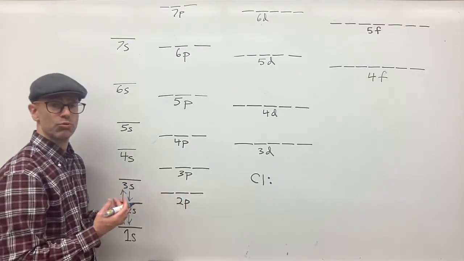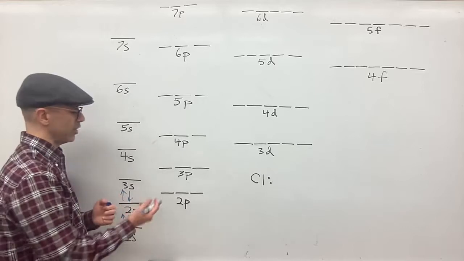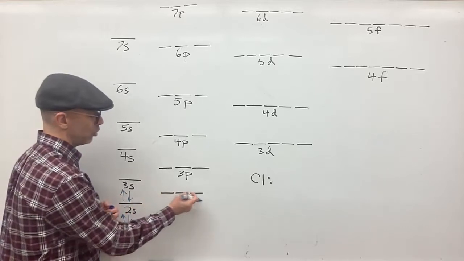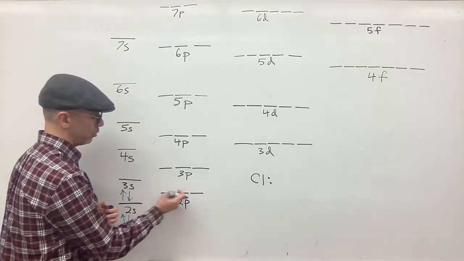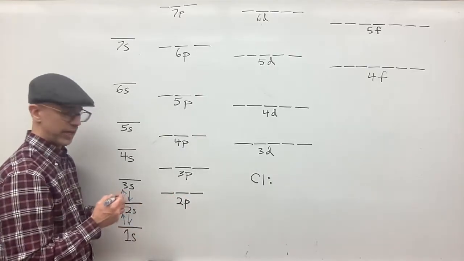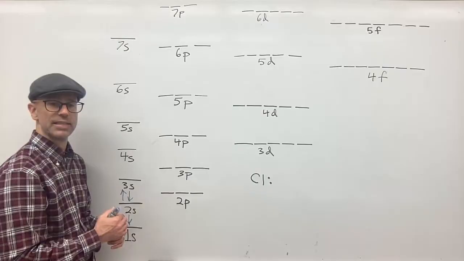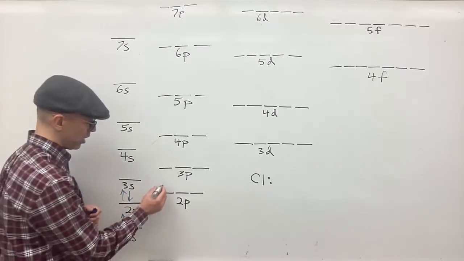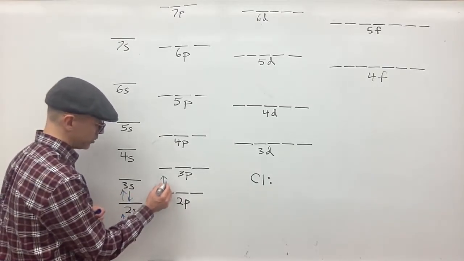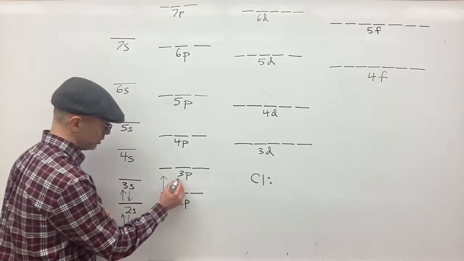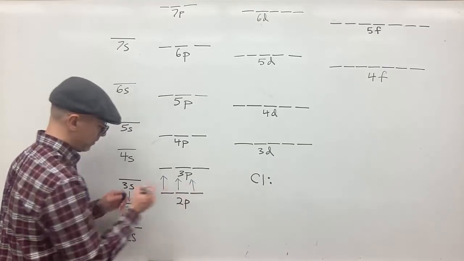But remember, Hund's rule says that if you have orbitals of equal energy, you're going to fill in one electron at a time, and they have to have the same spin. So here we're going to fill in 1, 2, 3.